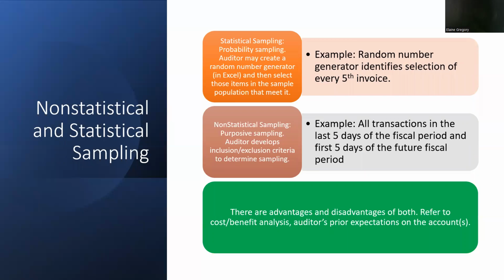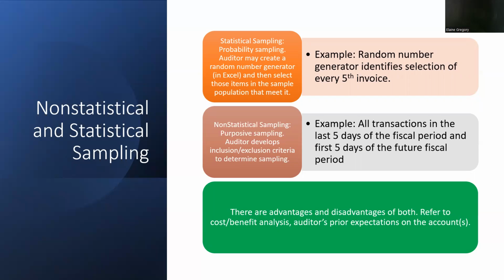There are two types of sampling that we can do. One is called statistical sampling, and the other one is non-statistical sampling. So statistical sampling is probability. We may create a random generator in Excel and then select those items that pop up in the random generator. For example, perhaps we calculate a random generator and the results are to select every 5th invoice.